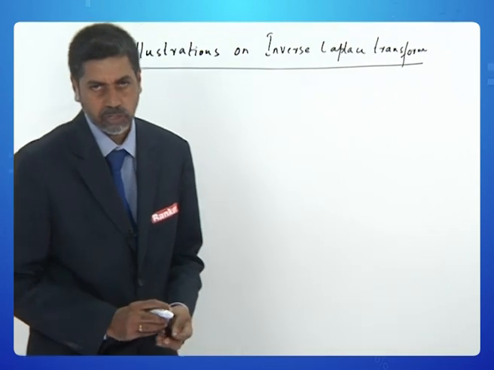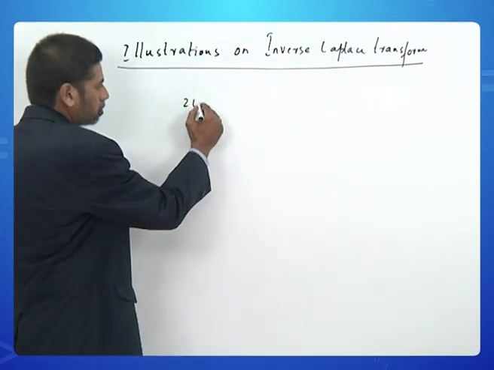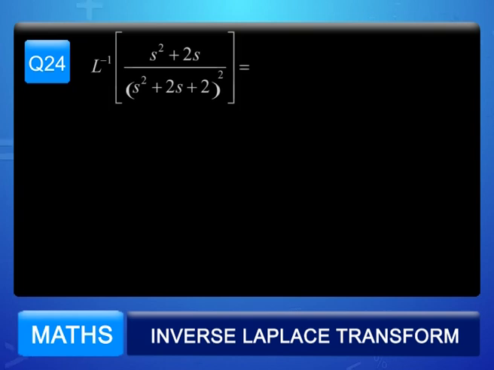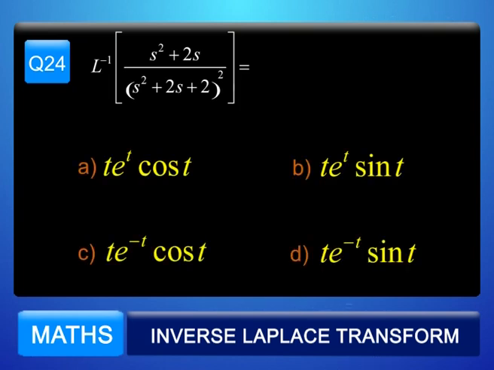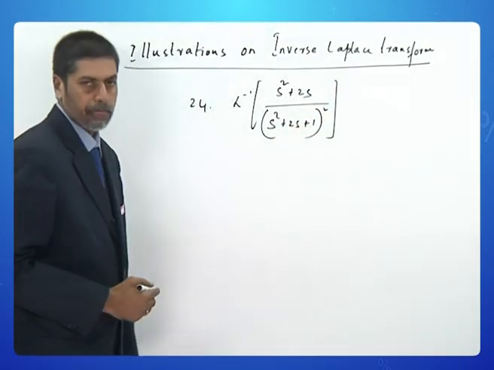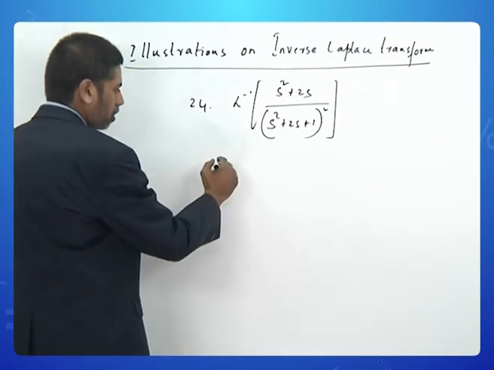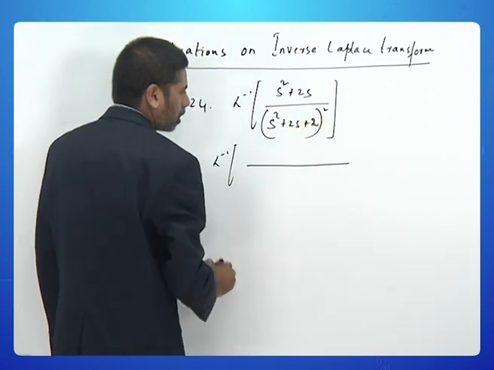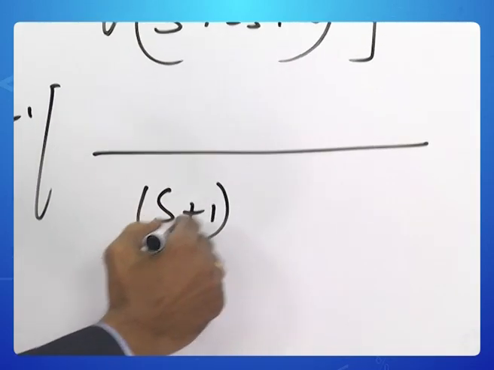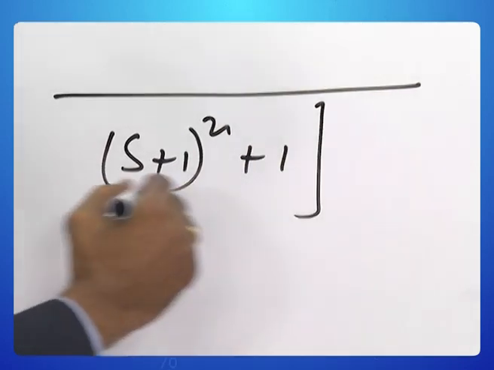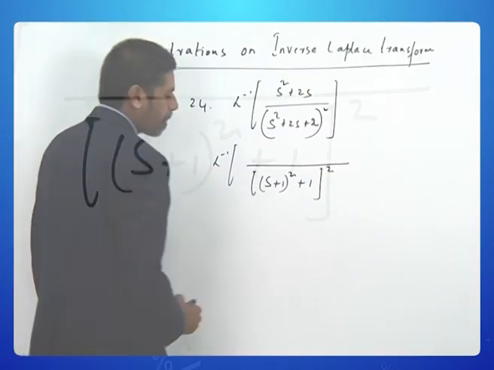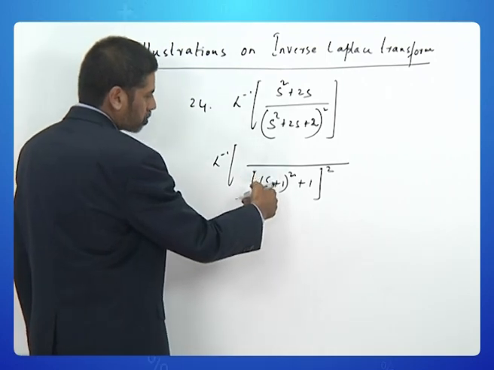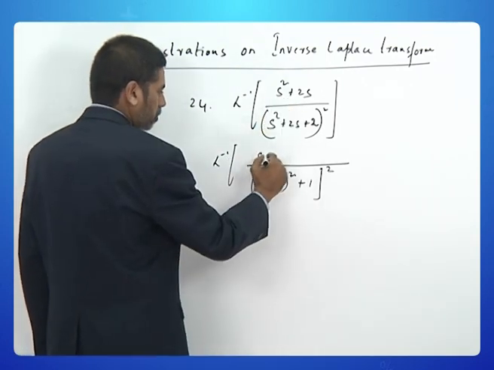The next problem that I have chosen is based on first shifting theorem. Of course, it's straightforward. First, modify the denominator, and then this s plus 1 should be recreated in the numerator.